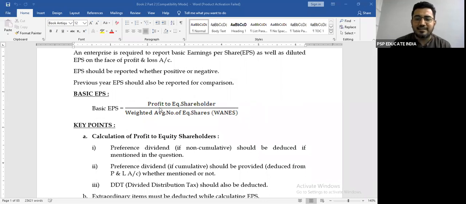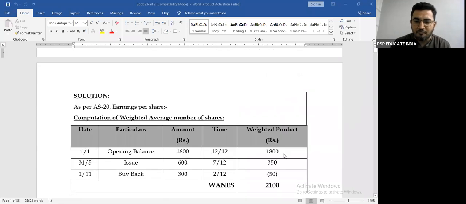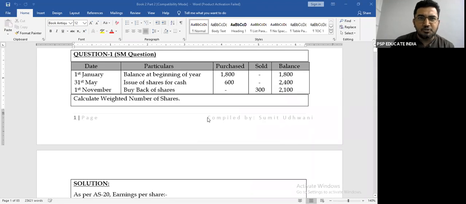Now we will understand the calculation of WANES. So for WANES, you will think in this way, that when you had opening balance of shares, these shares remained for the entire 12 months. So the time weight will be 12 by 12 and you will get your weighted product. When you issue shares, this means that the number of equity share capital is going to increase.